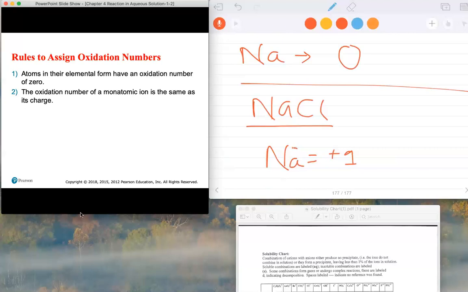So when it comes to rule number 2, monatomic ions, it's just the crossing over in the compound. This is where the ionic compound comes in and predicting the ionic charges. I gave you an example of sodium chloride here.